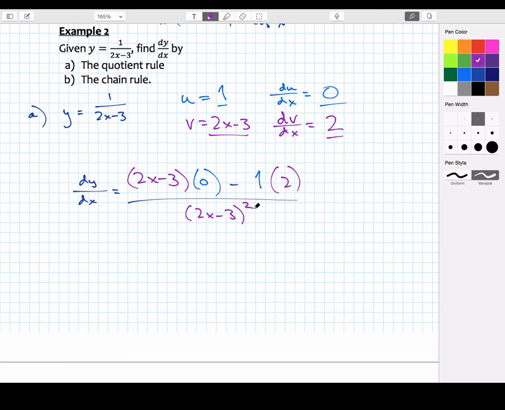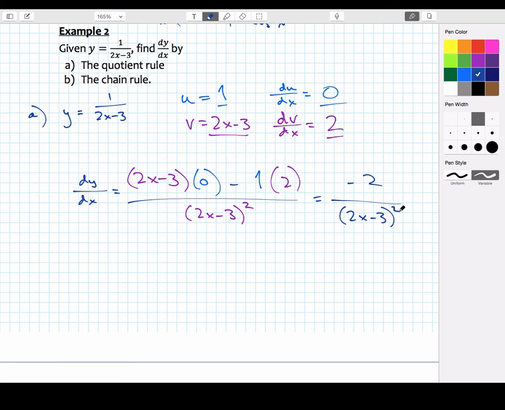Probably not, unless we need to for cancellation. So what does this leave us with in the top? This product becomes 0 minus 1 times 2, which is minus 2, divided by 2x minus 3 squared.